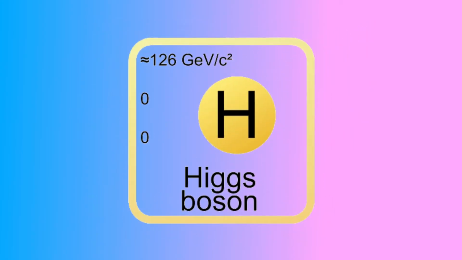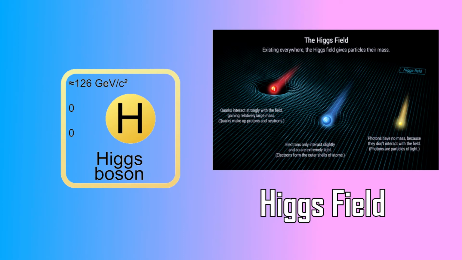The Higgs boson, contrary to what many think, does not carry gravity. Instead, it interacts with the Higgs field, the field that gives all particles their mass, which means the Higgs field is especially important, as is the Higgs boson.